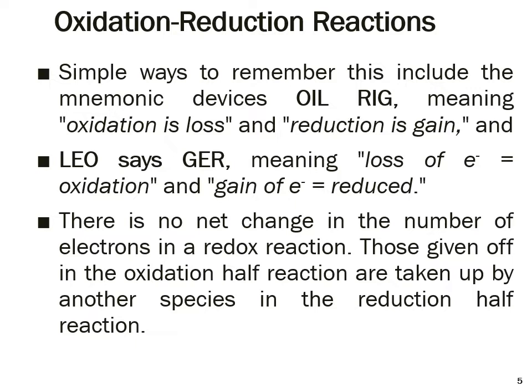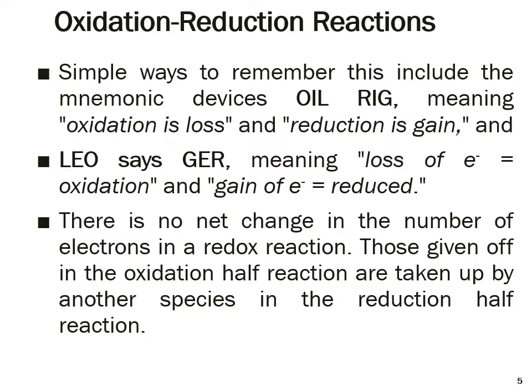There are certain ways to remember these oxidation reduction reactions in inorganic chemistry, like we can use the mnemonic devices. OIL RIG. OIL means oxidation is loss, RIG means reduction is gain. That is very easy, that in oxidation you lose electrons. In reduction, the electrons are gained.